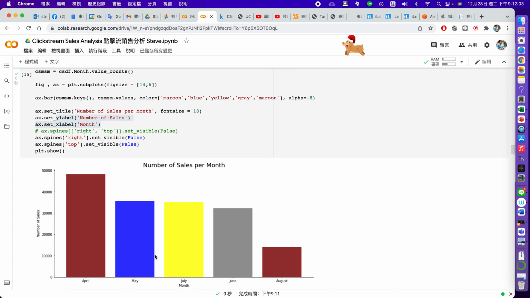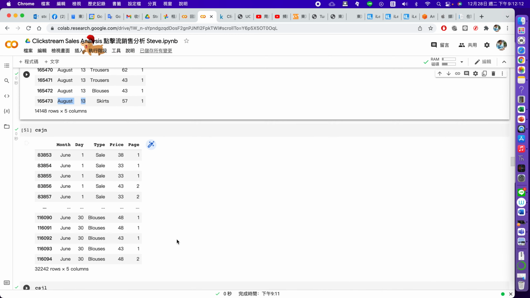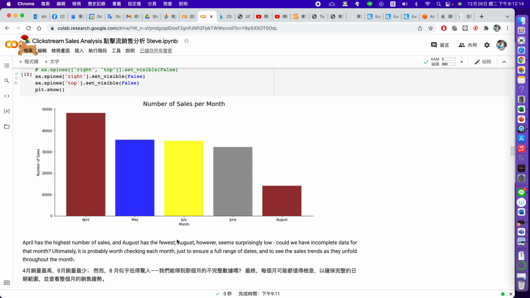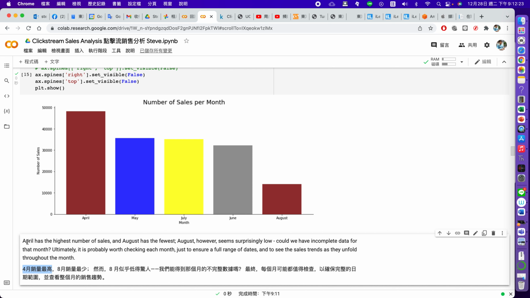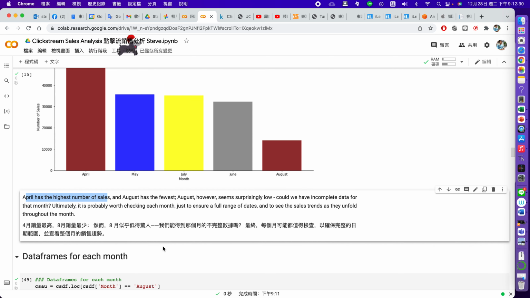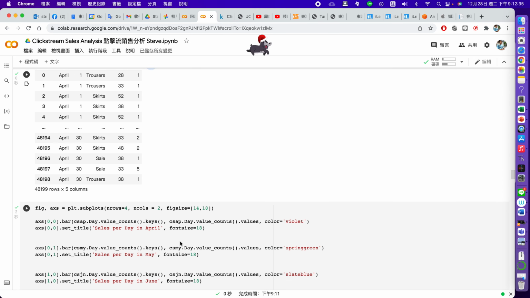So that's why the bar for August is much shorter than the rest of the 4 months. Okay, and from this diagram you see the peak sale for the month is April. April has the highest number of sales.